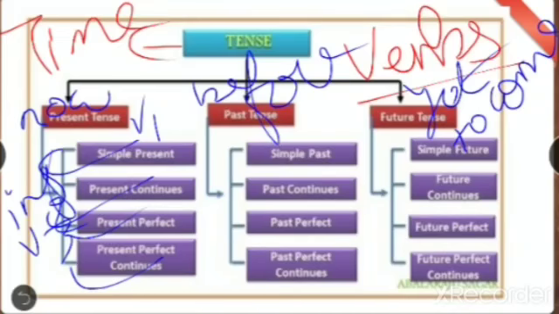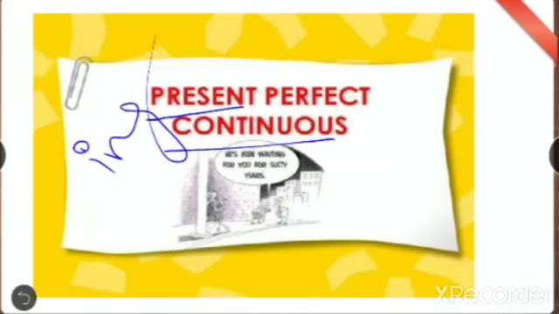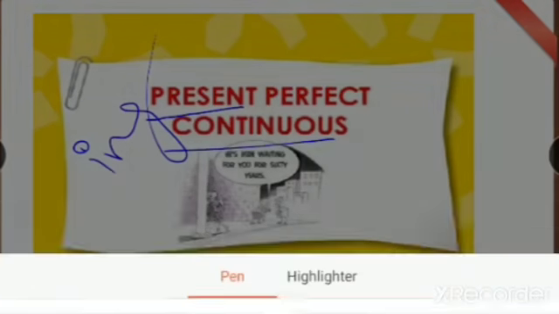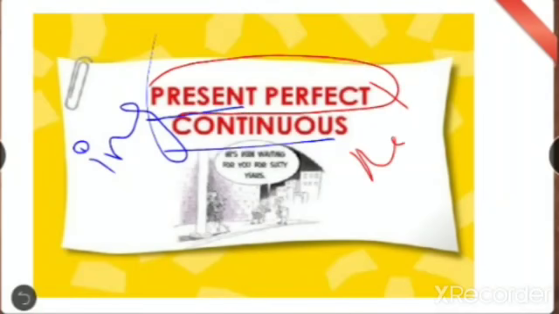Clear? Next is present perfect continuous that we will be starting. Okay, students, so for now focus on present perfect continuous. Now present continuous, did we study this? I just explained it to you in short. Yes, so in present continuous, with the verb we use ing, right? Now, if we talk about present perfect, didn't I tell you right now?